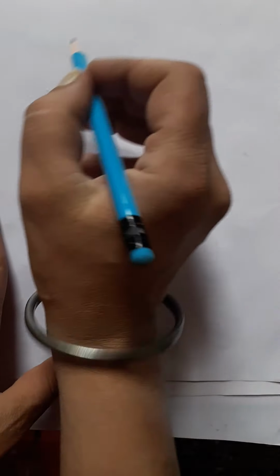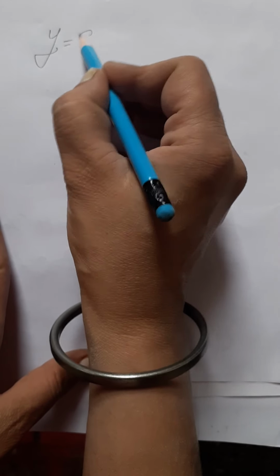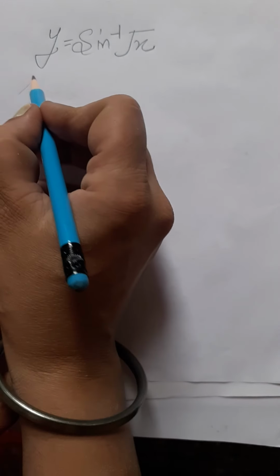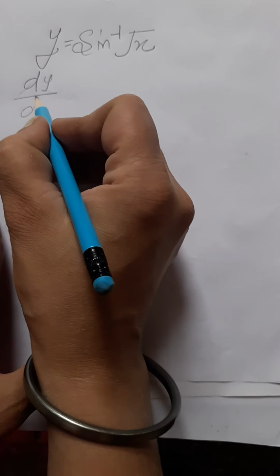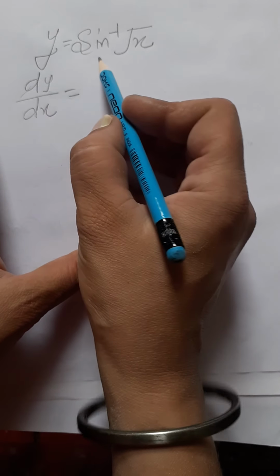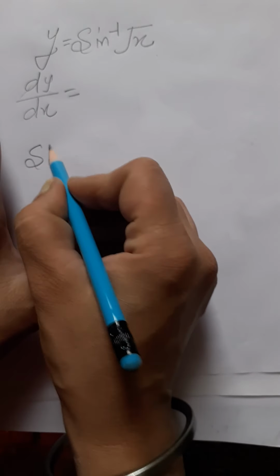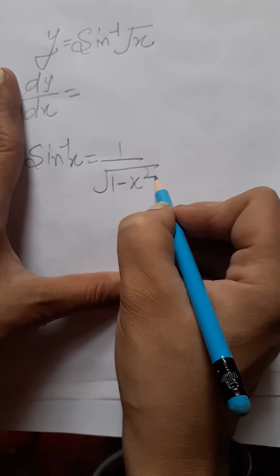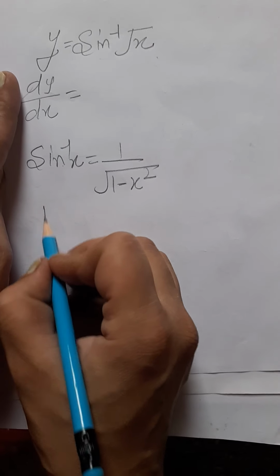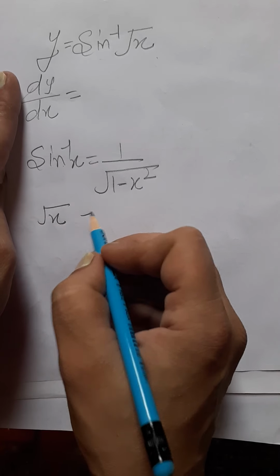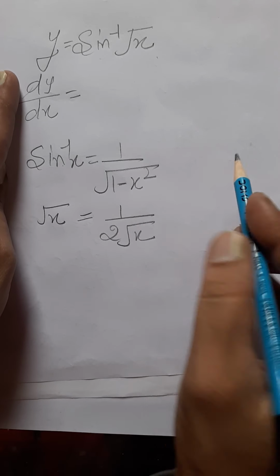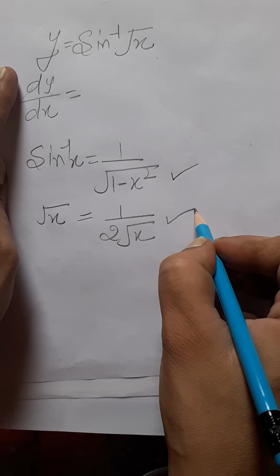So if you take a function like y = sin inverse root x, and we take the derivative of y with respect to x, we read in our previous video that the derivative of sin inverse x is equal to 1 over root of 1 minus x², and the derivative of root x is equal to 1 over 2 root x. We should remember these two formulas.